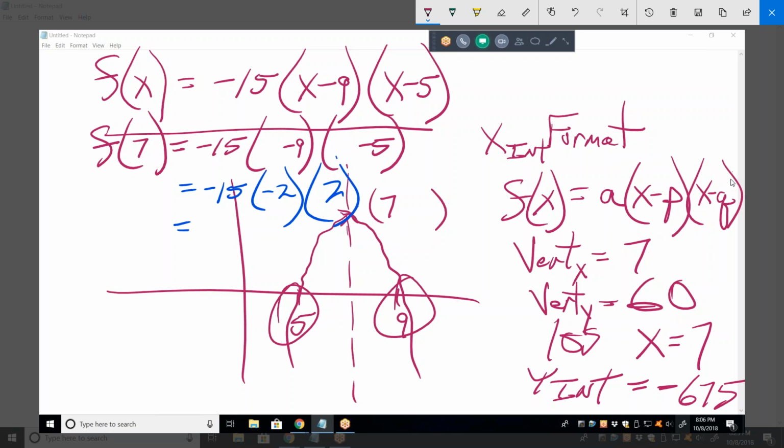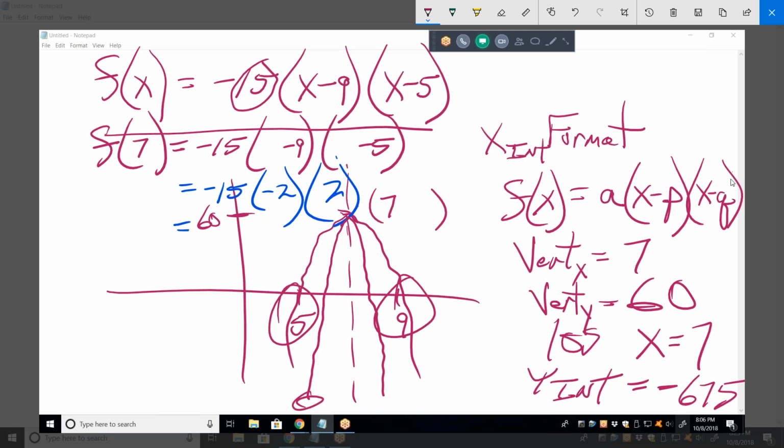And you can see why that would be the way I've drawn my picture. Actually, I haven't drawn my picture correctly because I didn't put this at 60. But also, this 15 is a huge stretch factor. So that makes this thing look like this more than the way I've originally drawn it, because it's vertically stretched.